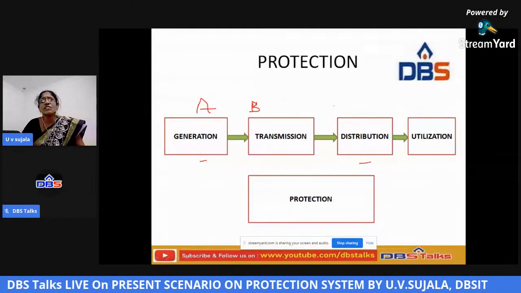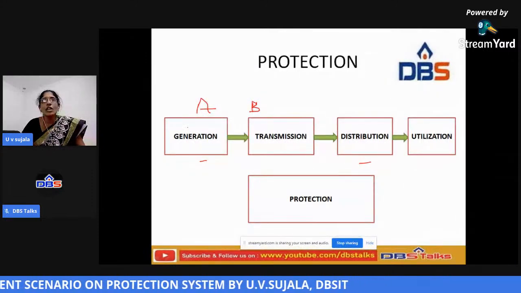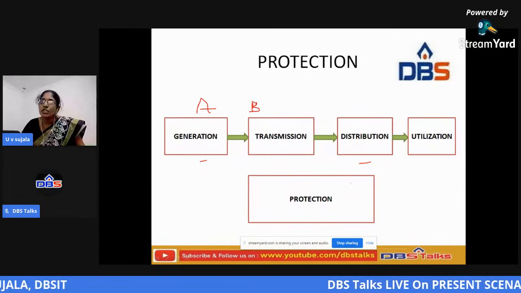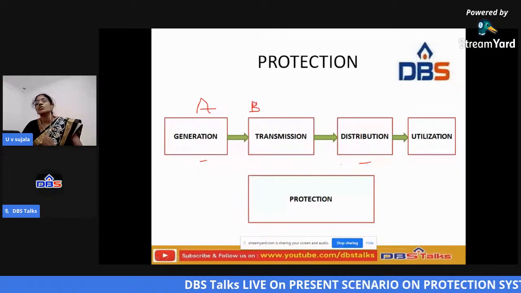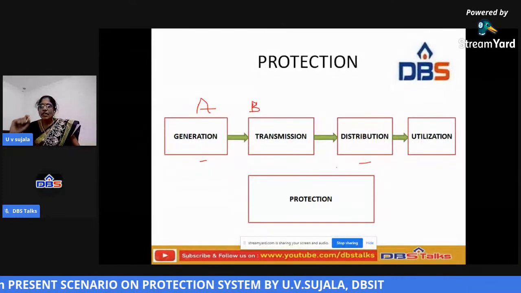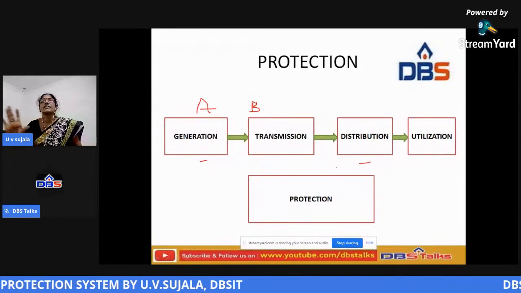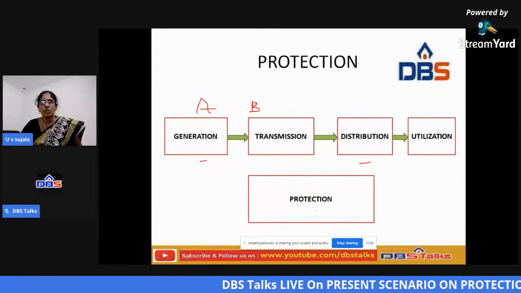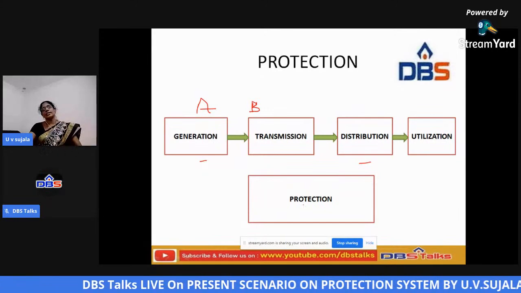Whenever this happens, we have to protect the power system, and only then will there be continuity of the supply. We have to protect the total generation, transmission, and distribution system by the use of protection. How do we protect it?